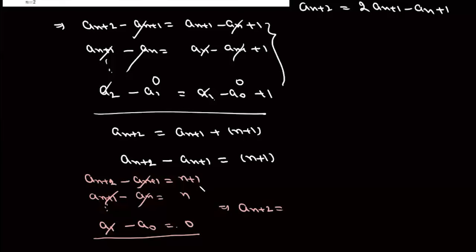So this is the sum of the first n plus 1 numbers. So it'll be this (n+1)(n+2)/2. Or simply we can write a_n will be n into (n-1)/2. So we have our a_n as n(n-1)/2.